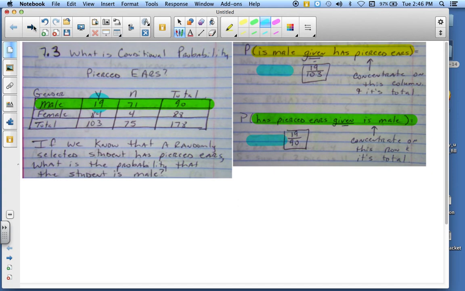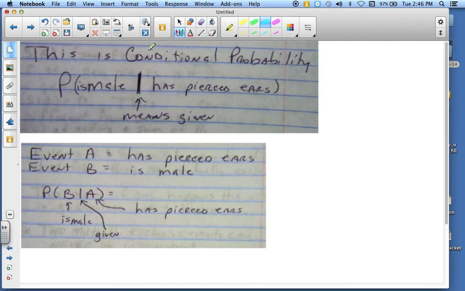All right, now let's look at the next page. This is what we call a conditional probability, and the way we read it is the probability that someone is male given, this vertical piece right here, that they have pierced ears. That little thing means given. Now you have two events. Event A is someone who has pierced ears. Event B is someone who is male.